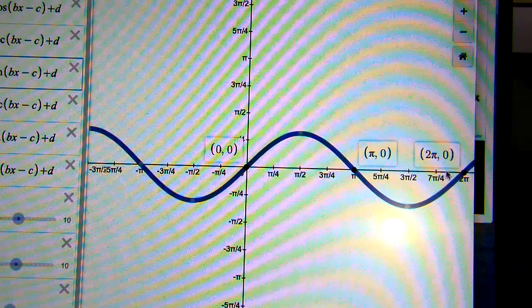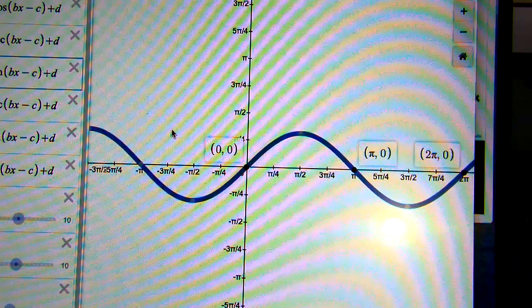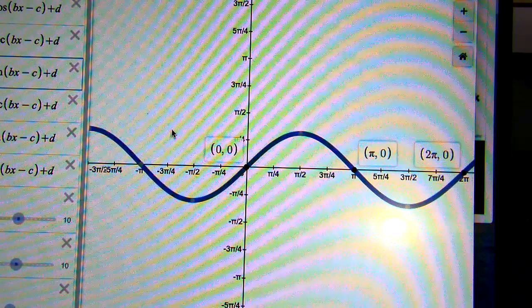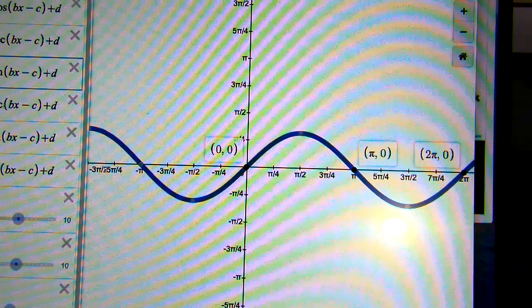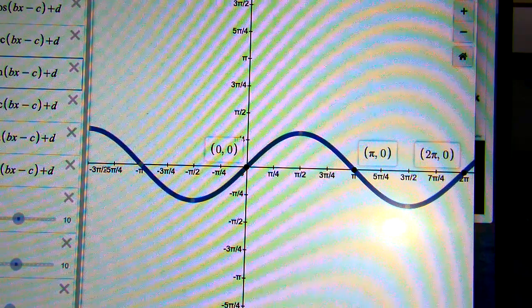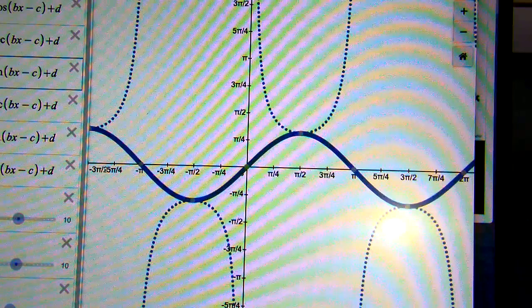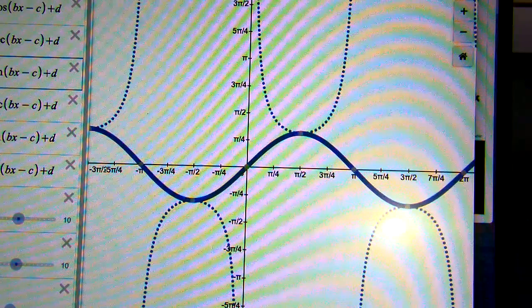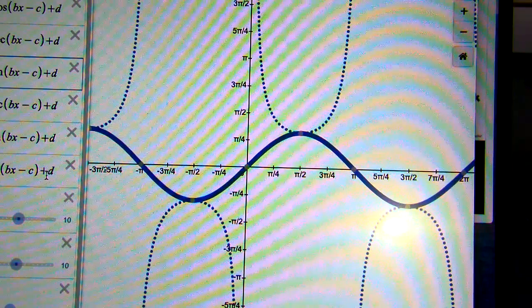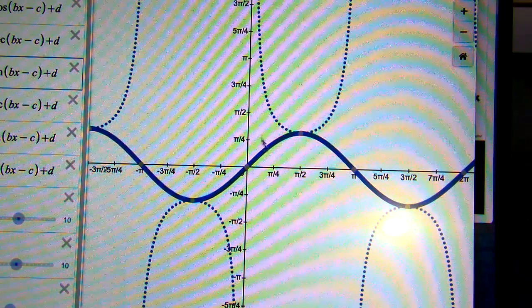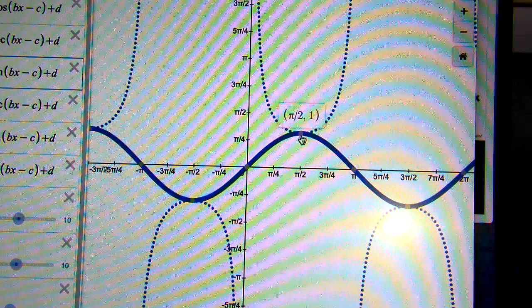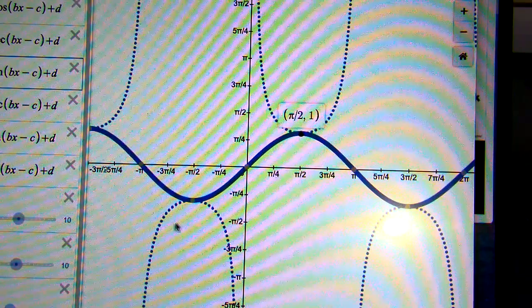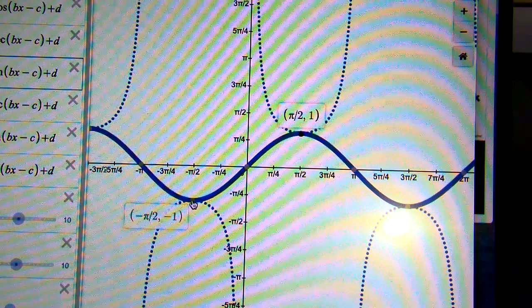I'm going to work backwards. I'm going to go ahead and show you what the cosecant looks like, and you'll see that it's like Wario. It's Mario's evil twin. So check this out. This is the cosecant graph. The cosecant graph meets the sine graph at the minimum and the maximum of the sine graph.